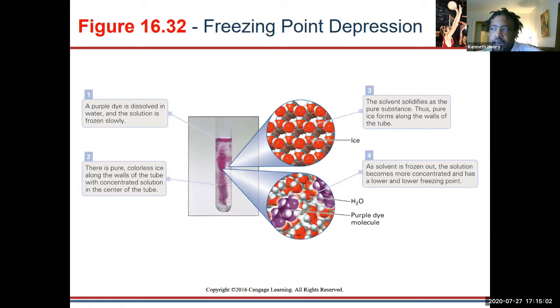But that purple dye affects how the water is going to freeze, okay? And that's the point of molality. Molality is talking about how your solute is going to be affecting your solvent. And when we talk about those colligative properties, that's the effect of the solute on the solvent, okay?